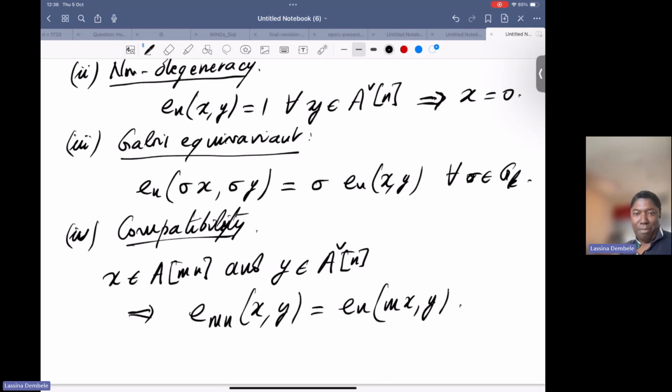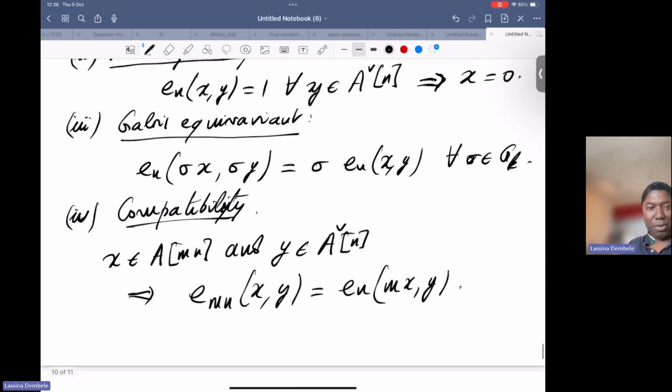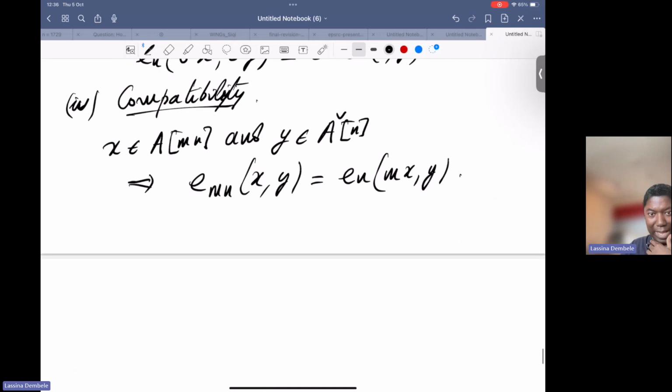So that's the compatibility condition. Those are the main properties of this pairing.